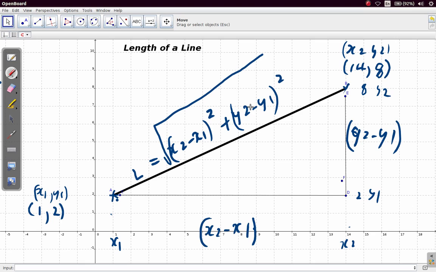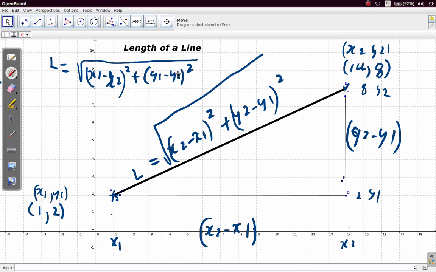So this is the formula we have. Alright? The thing is, you could also use the formula the square root of, if you want to put the x1 first, x1 minus x2 squared plus y1 minus y2 squared. Alright? And that's the formula that you use to calculate the length of a straight line.